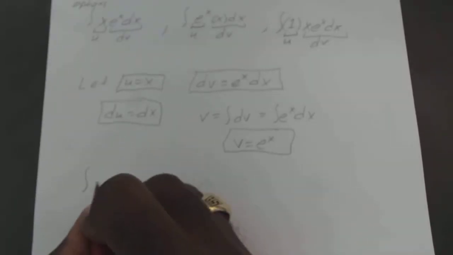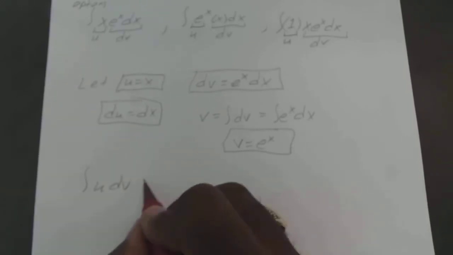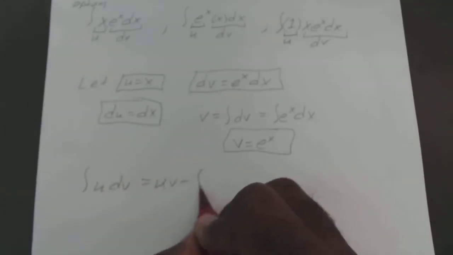All right, any questions on this so far? So we know the integral of u dv equals uv minus the integral of v du. We already know our u is x and our dv is e to the x dx.